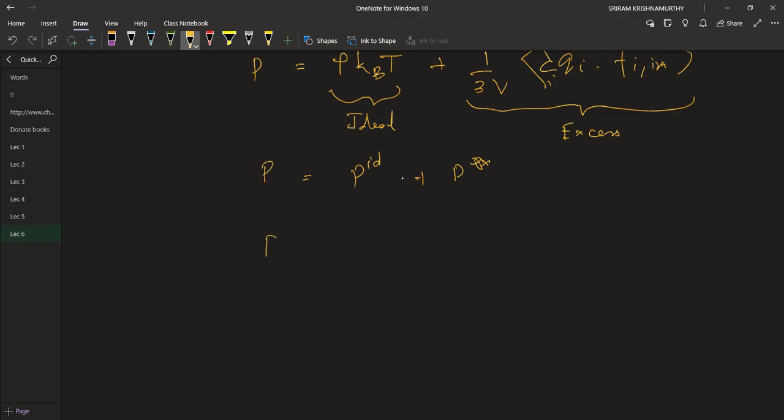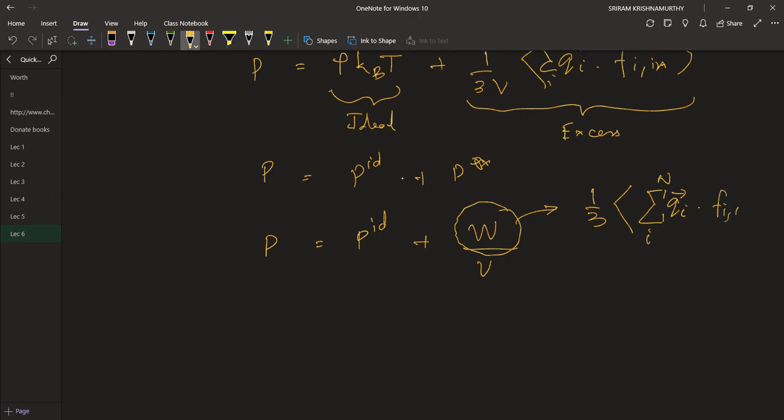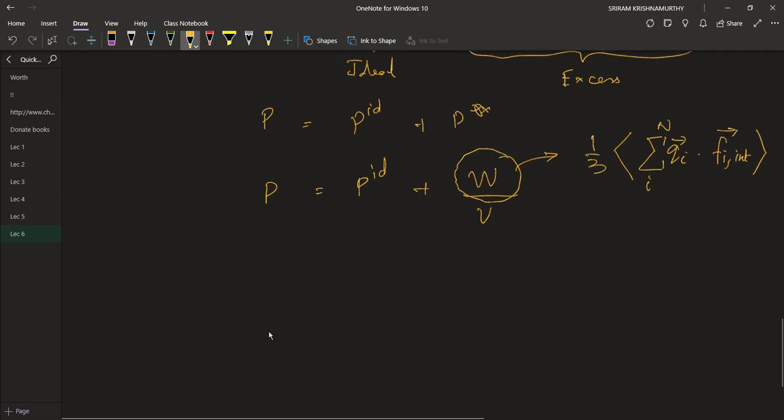Okay, and then we write it as plus a virial term divided by the volume. So this virial term is this term, 1 by 3 times this. This is the virial term. Let's try to expand this term into a meaningful expression.